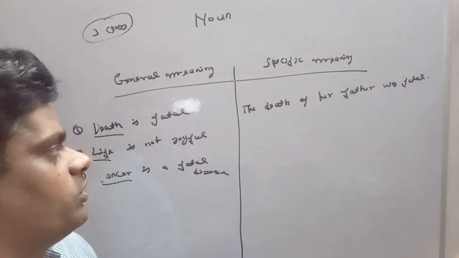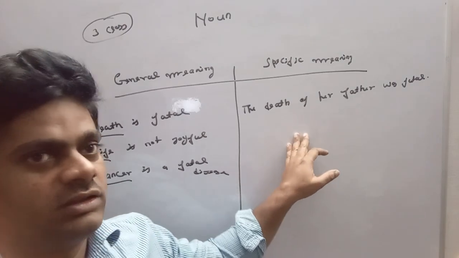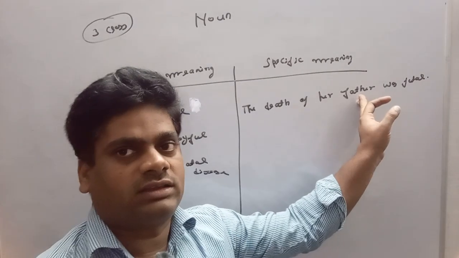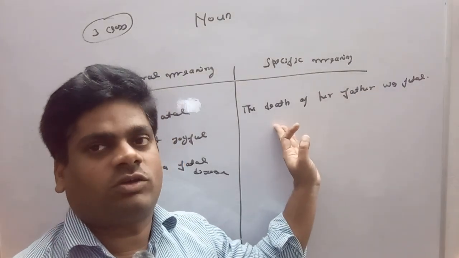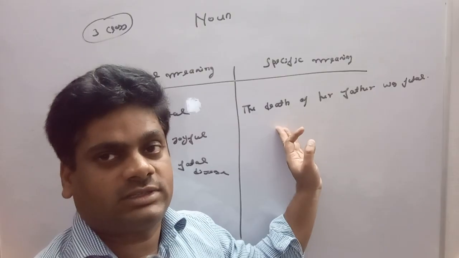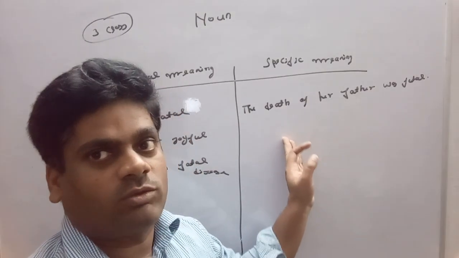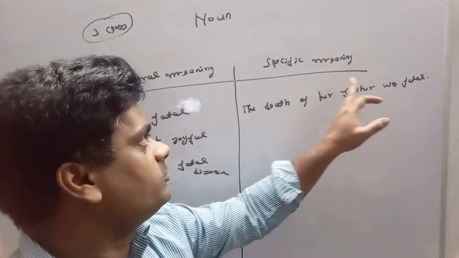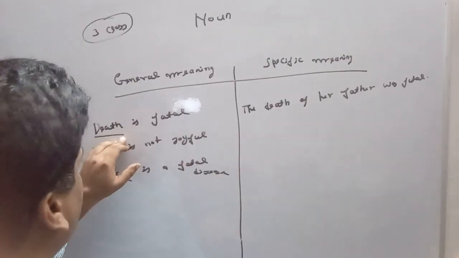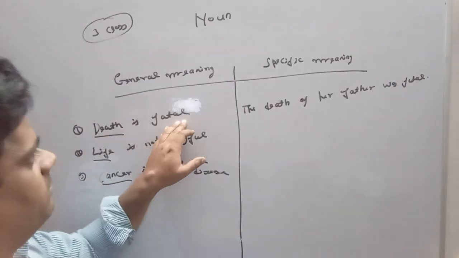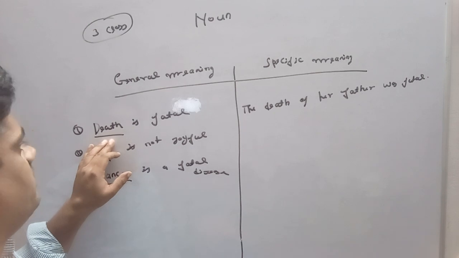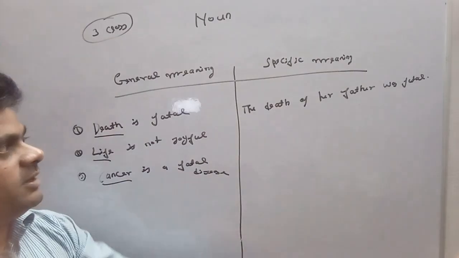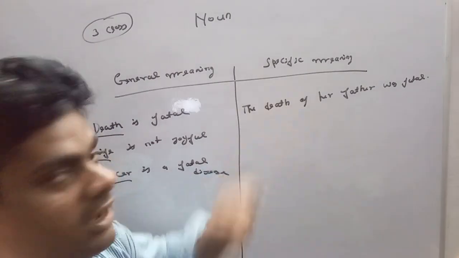Now, here we are talking about death, and this death is concerned with the death of her father. So, this death is not expressing any type of general meaning, it is expressing particular meaning, individual meaning, because this death is concerned with the death of her father. So, here this death is expressing a specific meaning, but in the first sentence, death is expressing general meaning. So, in case of general meaning, we cannot put article before the noun, but in case of expressing a specific meaning in a sentence, we can put article before the noun.